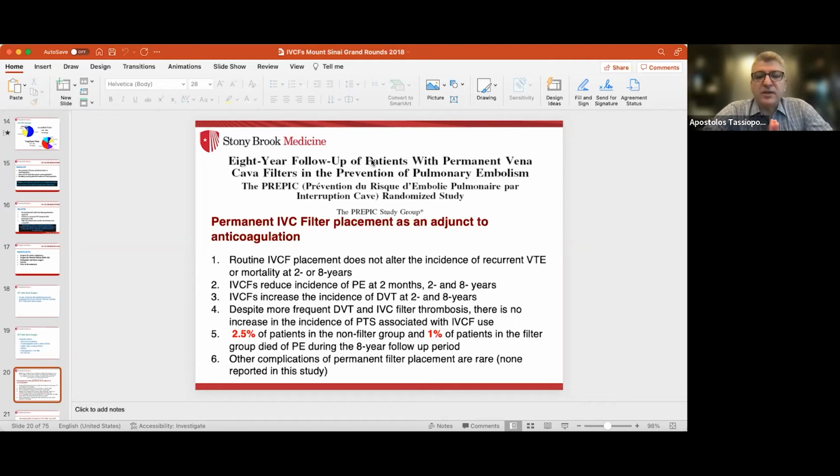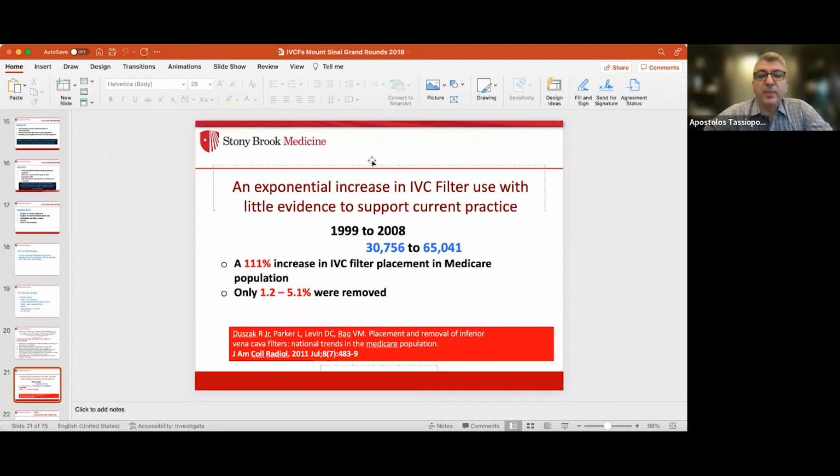And what this study indicated, that those patients that had an IVC filter inserted in addition to the anticoagulation had a lower rate of pulmonary embolism, but at the expense of a higher rate of recurrent DVT. However, the patients that had anticoagulation only had a slightly higher rate of pulmonary embolism, but a lower rate of recurrent DVT.